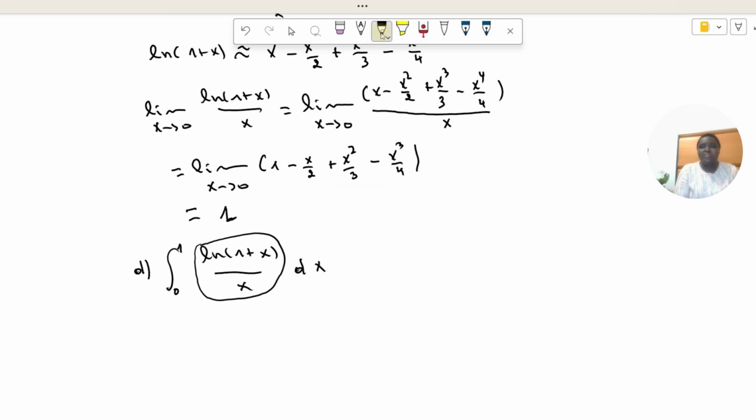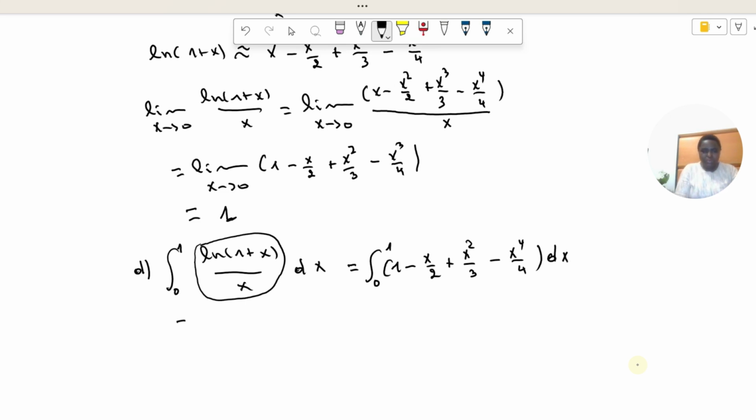So you see, the function was not that difficult, just replacing. So this will be equal to the integration from 0 to 1 of 1 minus x over 2 plus x squared over 3 minus x power 4 over 4. So this integration, I think it's not that difficult for everybody.